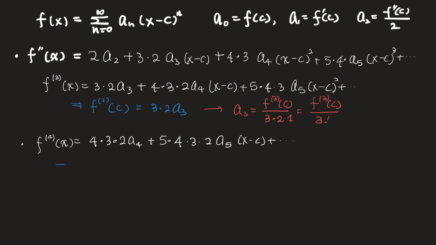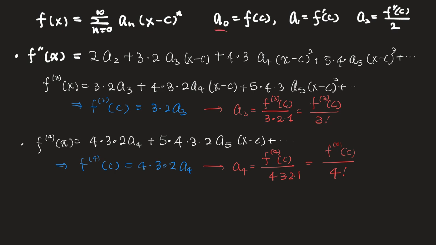So you find the fourth derivative of f at c is 4 times 3 times 2 times a4. So you see a4 is going to be the fourth derivative of f at c over 4 times 3 times 2 times 1, which is 4 factorial. Can you see the pattern, guys?